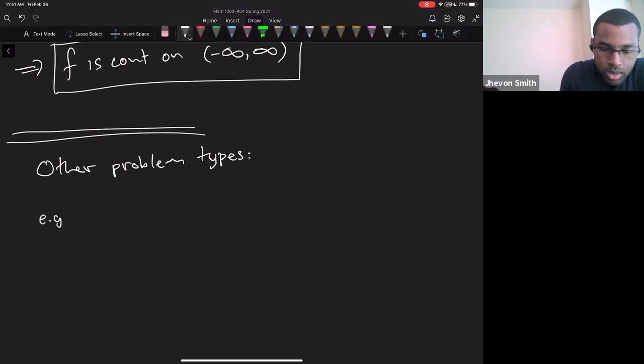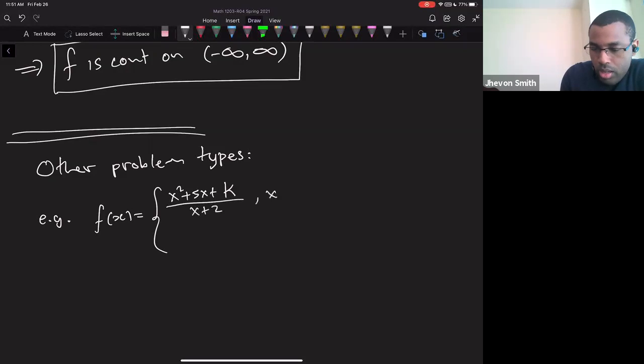So for example, I could have asked, let me give you this function again. f of x equals x squared plus 5x plus k over x plus 2 if x is not equal to 2, and it's 1 if x equals 2.